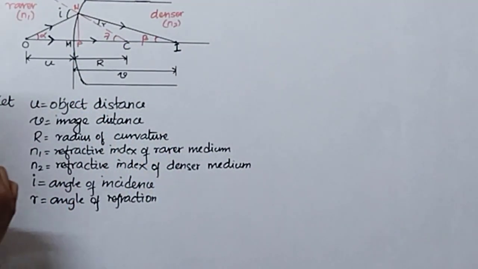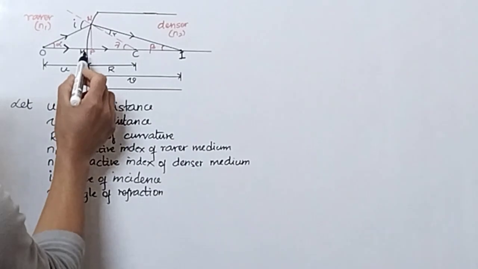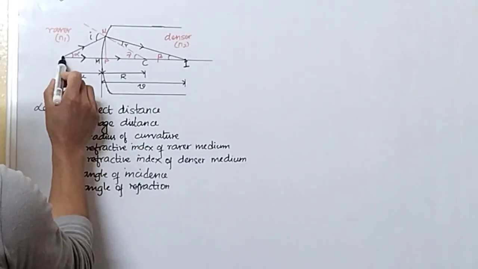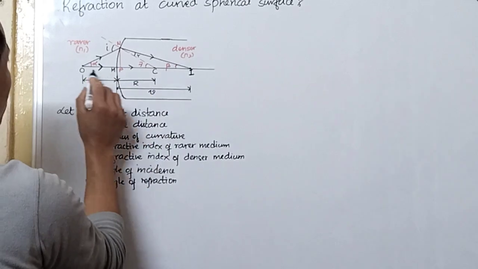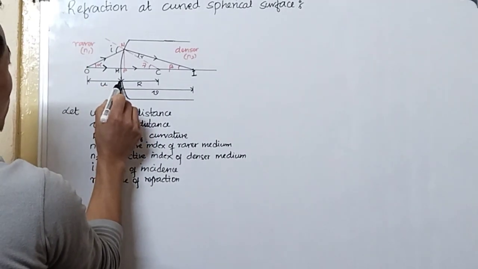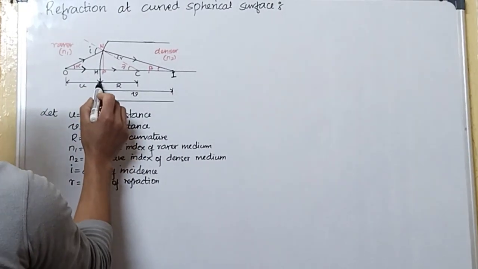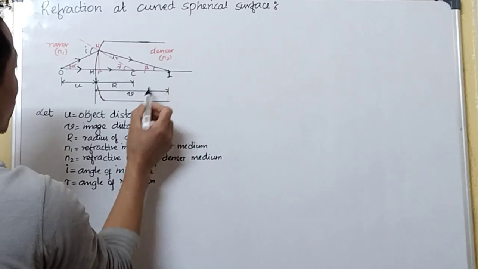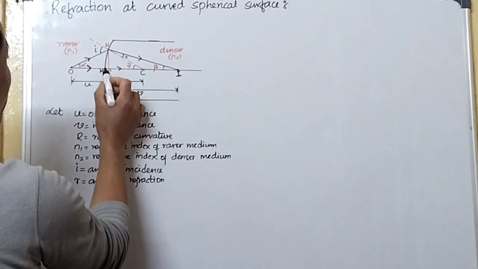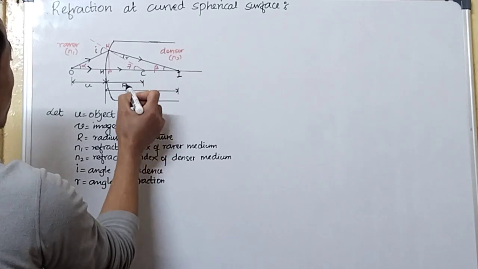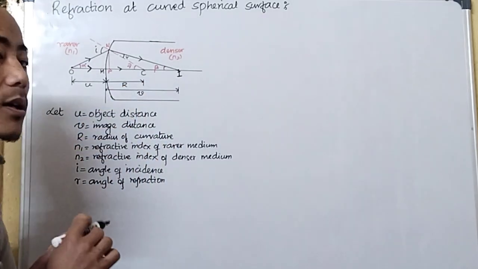Alright. Now the distance between the center and the object is called the object distance. The distance between the center of this curved spherical surface and this object is your object distance. The distance between the center and the image we call the image distance, which is represented by V. And from the center up to the center of curvature, this distance is our radius of curvature.